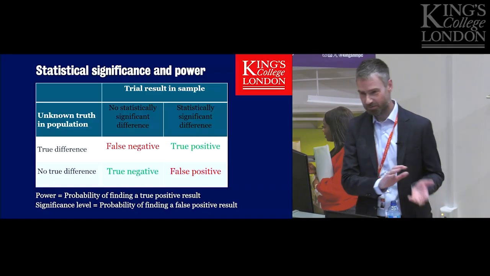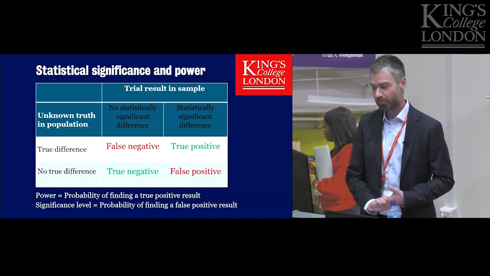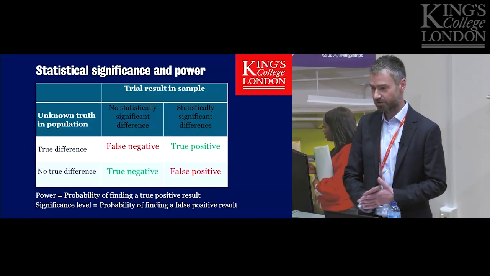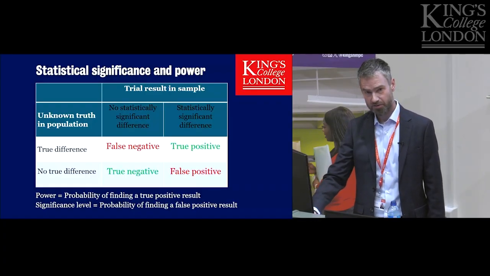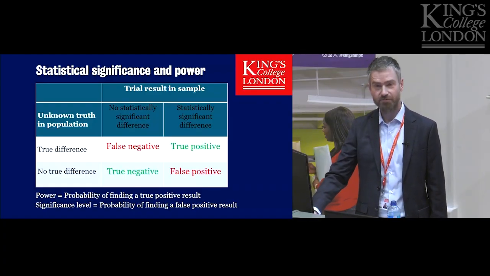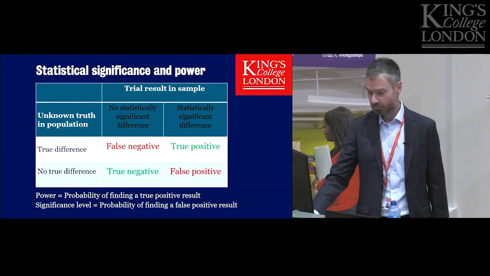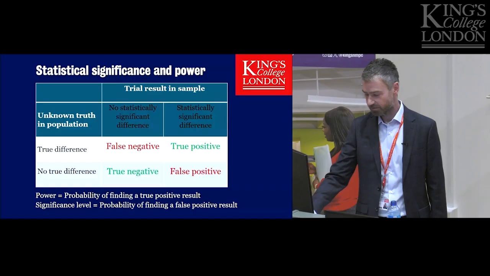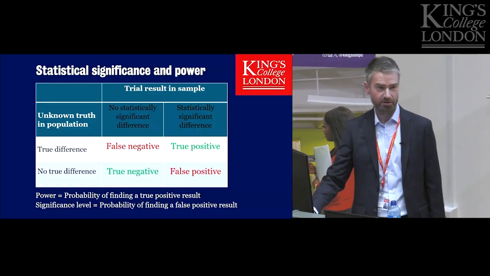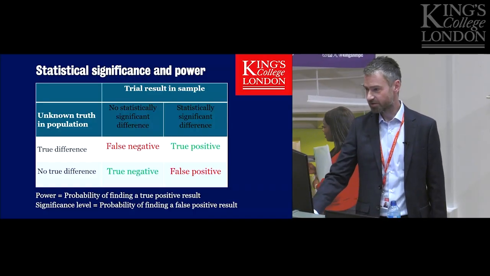And on the other flip side, we've got the significance level, which is the probability of finding a false positive result. And we try to maximize our statistical power, so we've got the best chance of finding a treatment difference if there is one, and then we try to minimize the chance of a false positive finding. So we quite often set power to about 80% at least, and our significance level of 5% or lower.